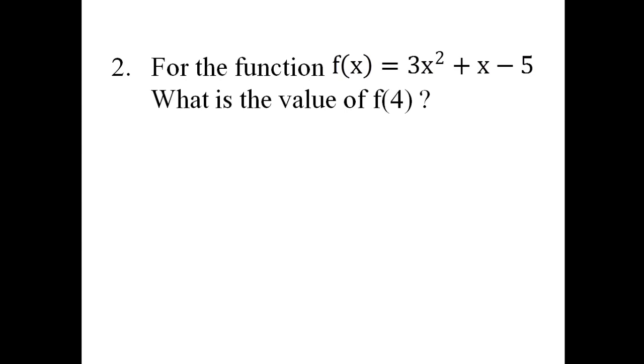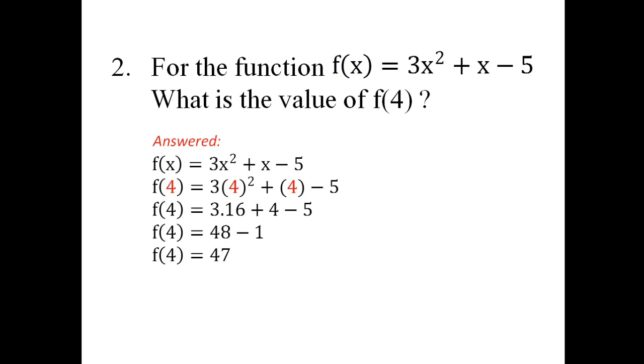We can input 4 into x in the function. f of x equals 3x squared plus x minus 5 equals 3 times 4 squared plus 4 minus 5, equals 3 times 16 plus 4 minus 5, equals 48 minus 1, equals 47. So the solution for f of 4 in this function is 47.